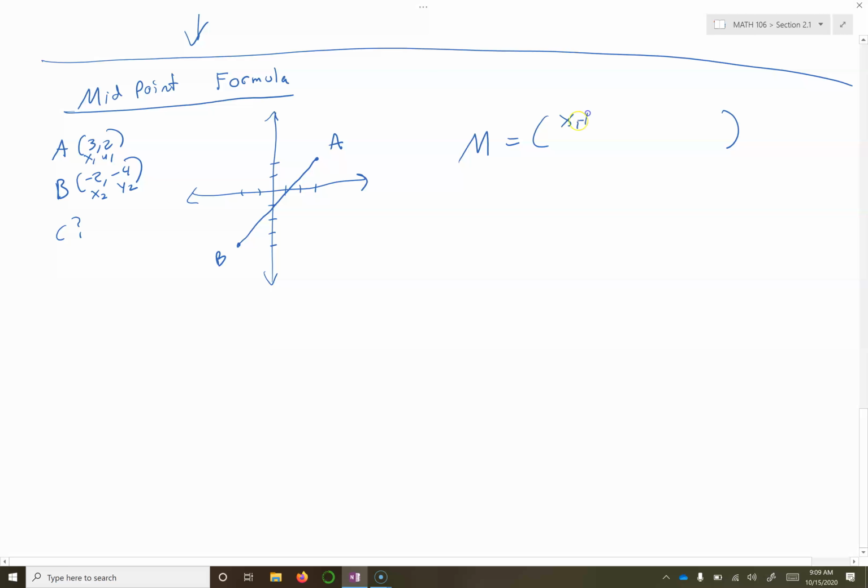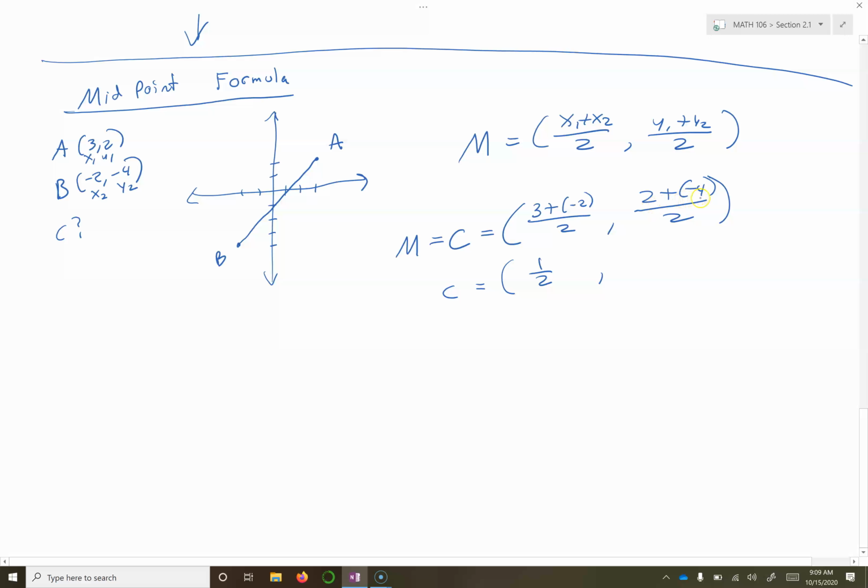You add the x coordinates and divide by 2, and then add the y coordinates and divide by 2. I mean, it's literally that simple. So if we wanted to do this midpoint, we'll call it C. Let's add the x's together. So that's 3 plus a -2 over 2. And then the y coordinate is going to be 2 plus a -4 over 2. And then we'll just do some simplifying. So it's 3 minus 2, so it's 1/2.